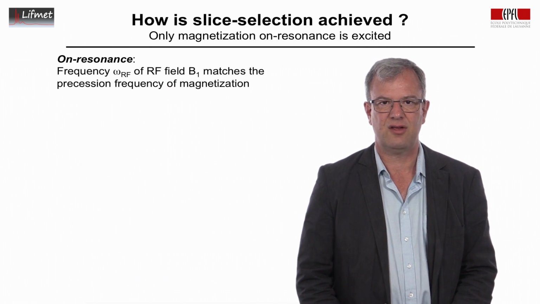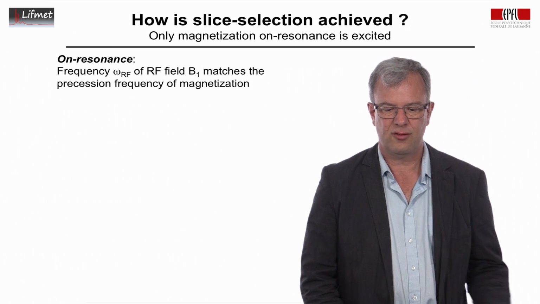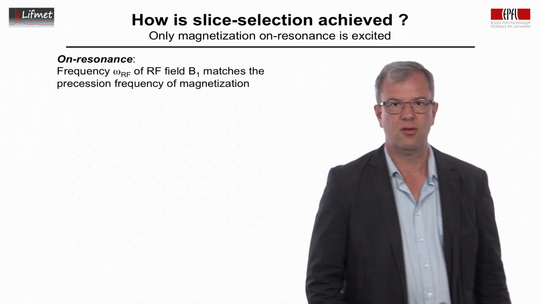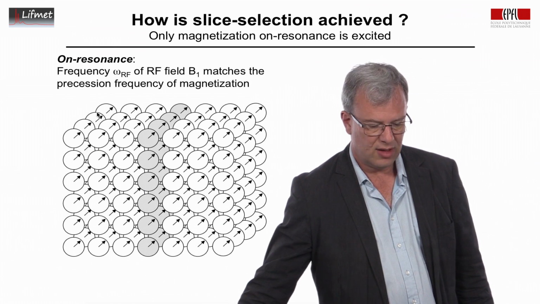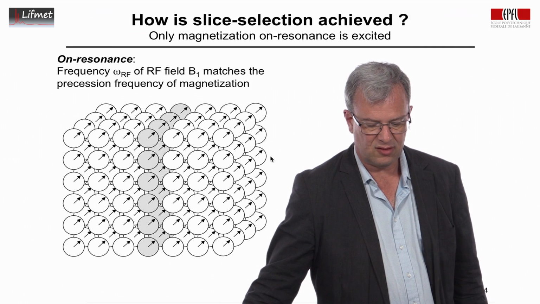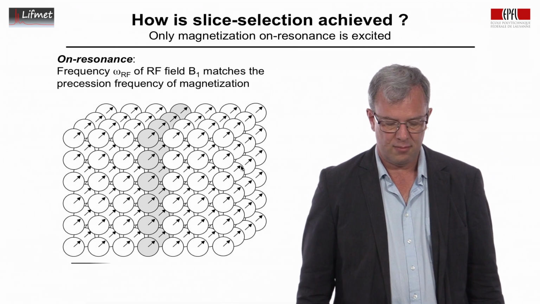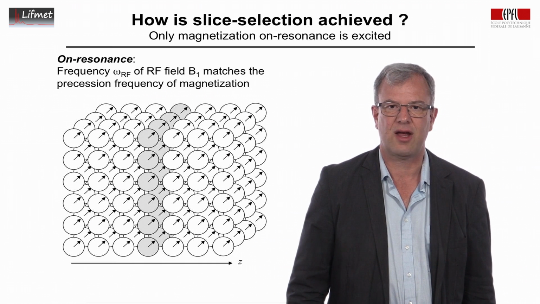So if omega RF equals omega L, then one is capable of flipping the magnetization into the transverse plane. What we're looking at here now is a cube. You can consider this an object, part of an object. It's a 7 by 7 by 4 matrix, and each of these voxels contains the magnetization vector.